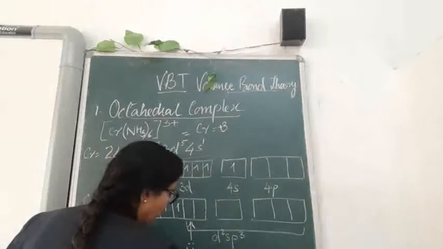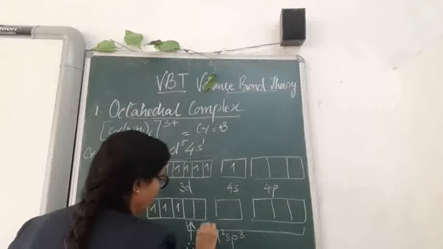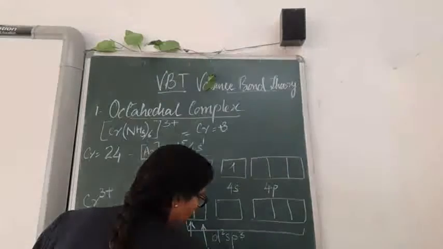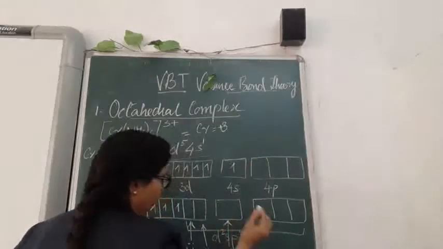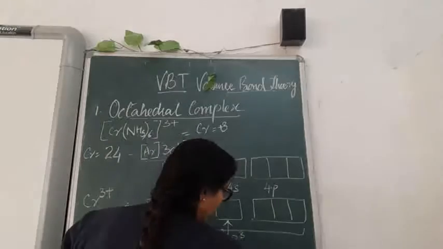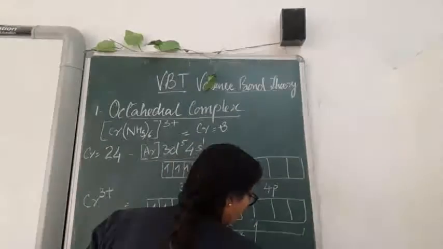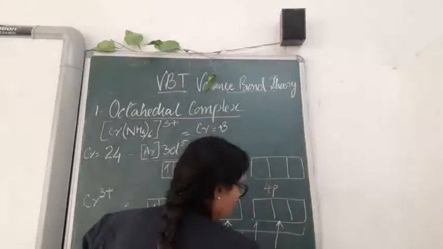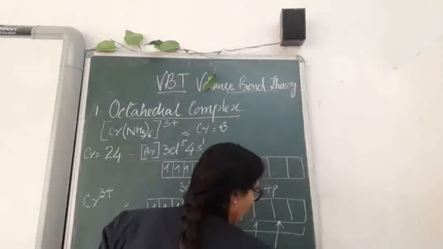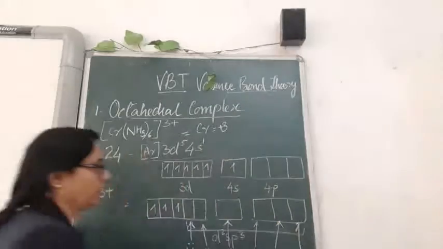The second ammonia molecule will give an electron pair to this one. Then the third ammonia molecule gives its electron pair here, then the fourth here, then the fifth ammonia gives its electrons, and then the sixth ammonia molecule present here will give its electrons.